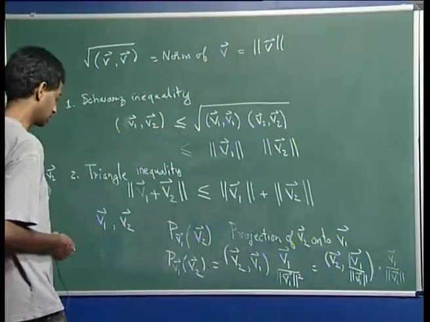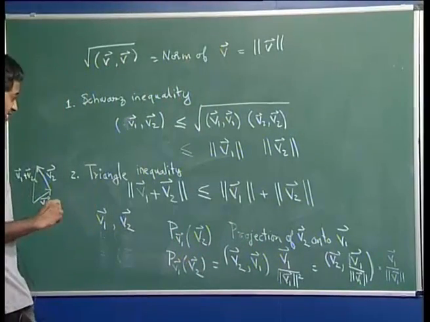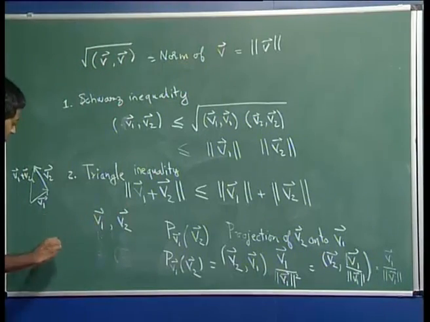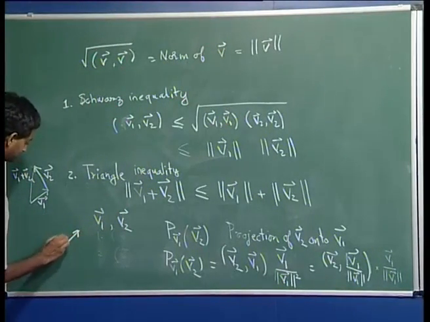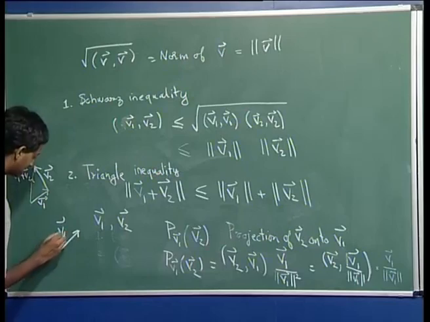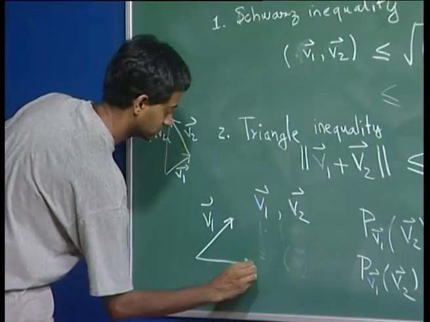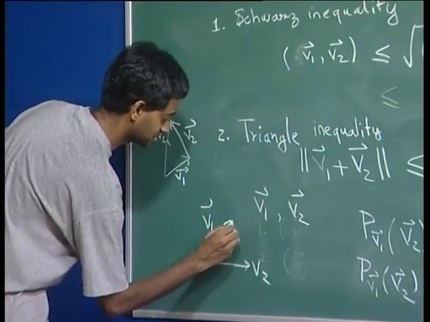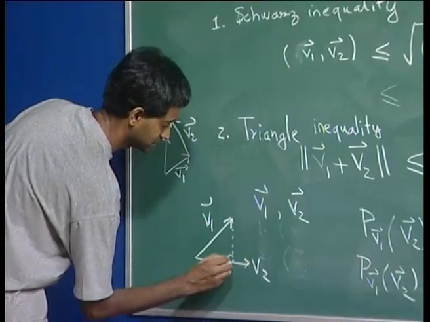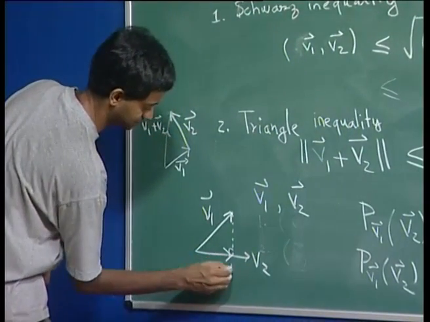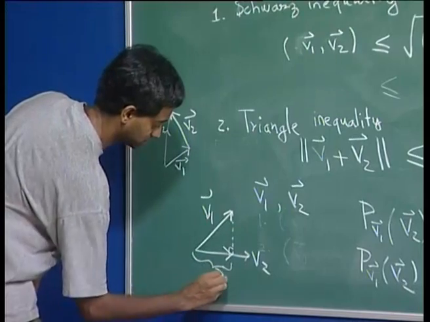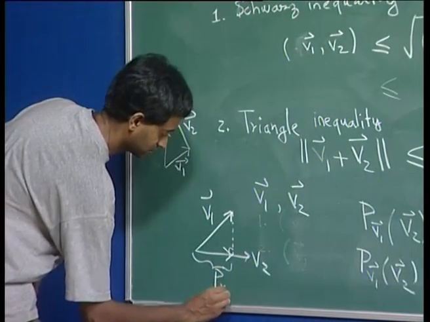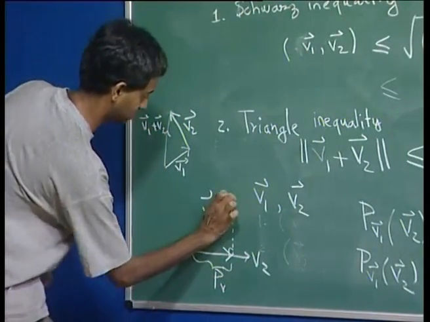Okay. So, the projection of one vector onto other is, if you had a vector V1 and you had another vector V2, then the projection is nothing but this. Sorry, I'll do it the other way.